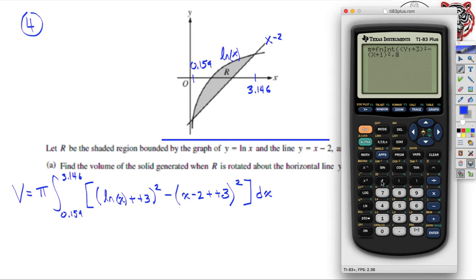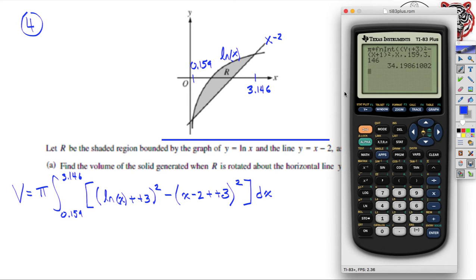Good. Let's do comma. That's going to be with respect to x from 0.159 to 3.146. Aren't you forgetting the plus 3 on the second? Not exactly, because I have x minus 2 plus 3. Minus 2 plus 3 is just plus 1.